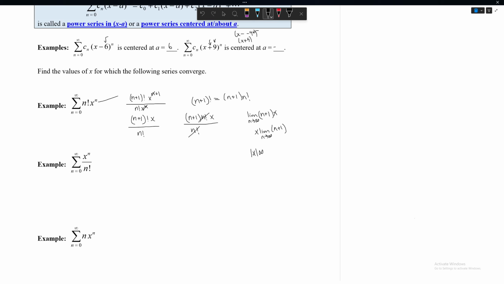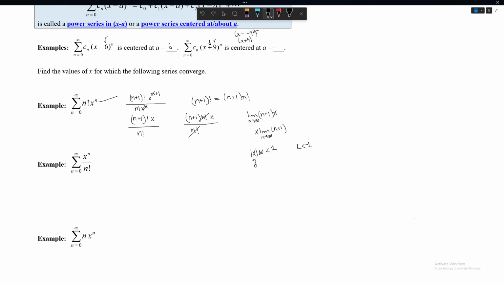Now, what you're going to say is that this has to be less than 1. That's the only difference between power series and the other ones we've been doing. Once you do this, when can I have this side be less than 1? The only time I can have that is when x is 0. And so, remember how we said when L is less than 1, it's convergent?